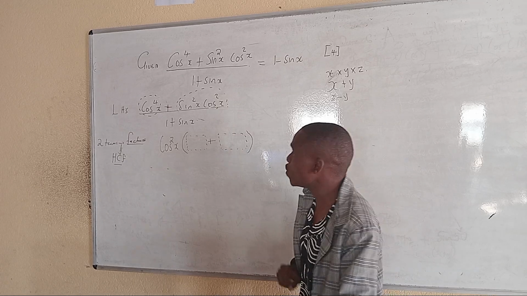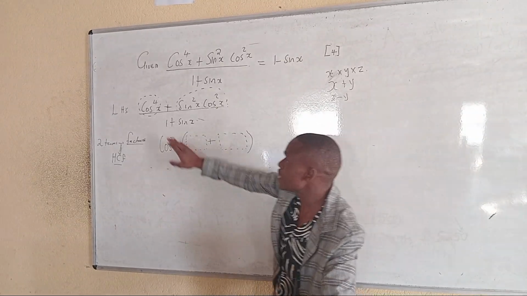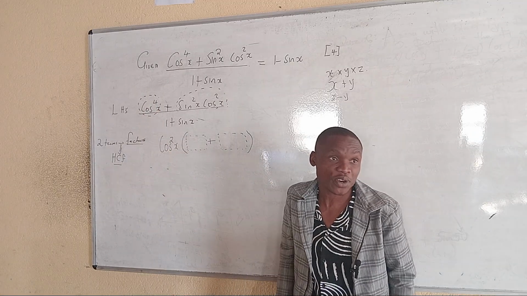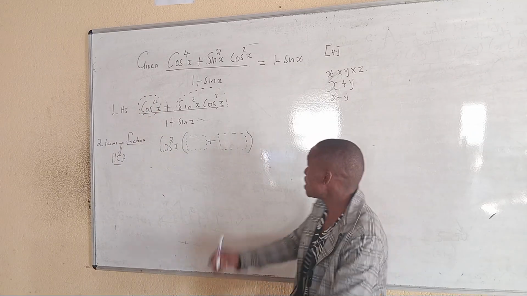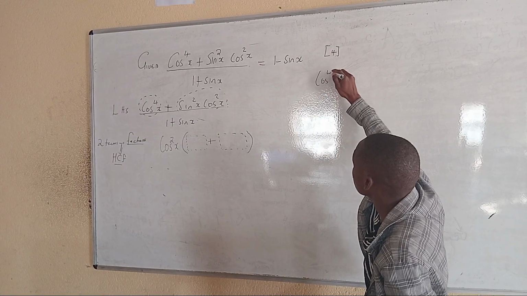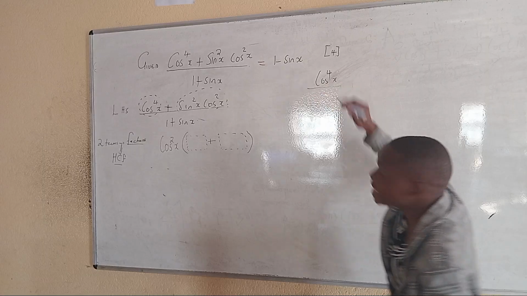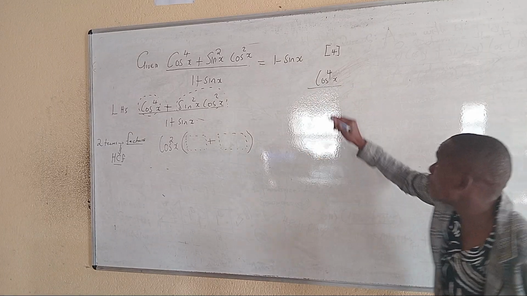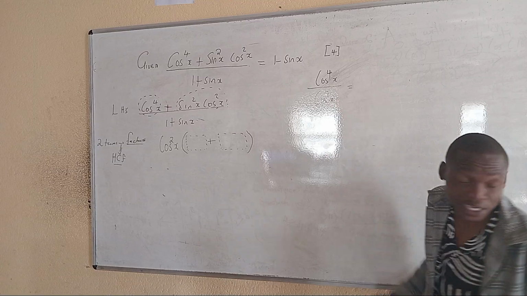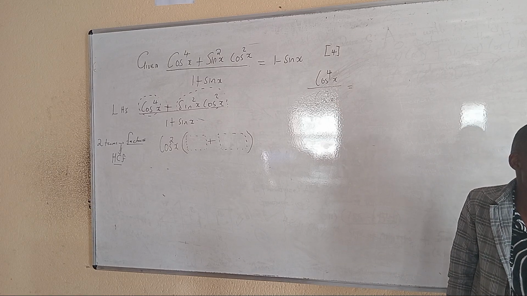Now, how do I figure out these terms inside the bracket? One way you can do it, you can say, let me take my first term, divide it with a common factor. What happens if we take the first term, cos to the exponent 4, divide it with the common factor? What are we getting? You can even use a law of exponent.